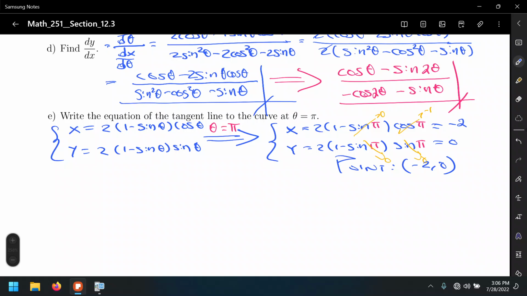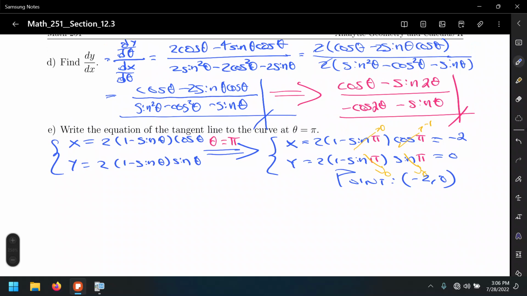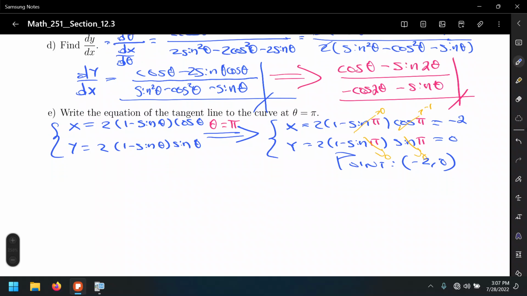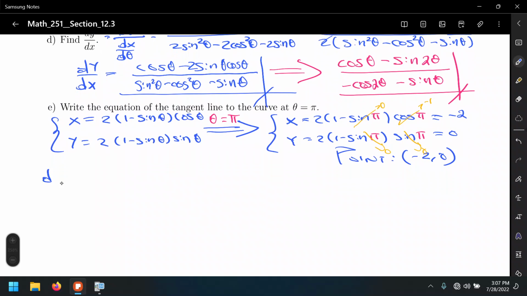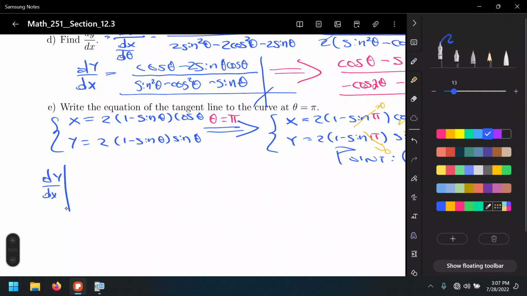All right, so the derivative, we're going to use the derivative to find the slope. So that is the derivative, which is this expression that we have from, let me write it as dy dx. So we are going to evaluate dy dx at theta equals pi.